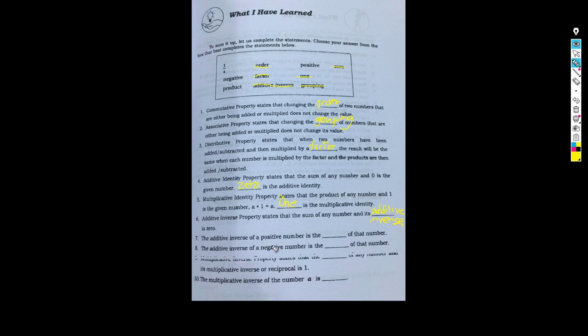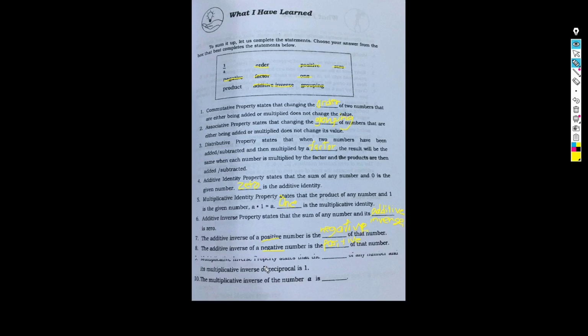The additive inverse of a positive number is the negative of that number. Now, the additive inverse of a negative number is the positive of that number.